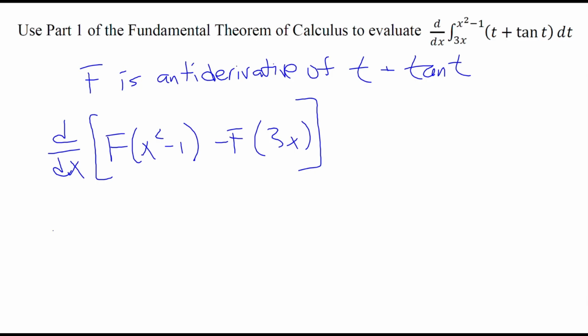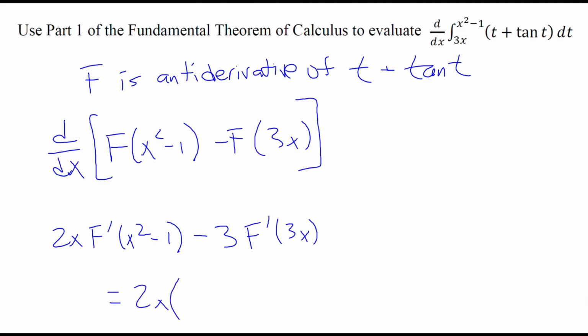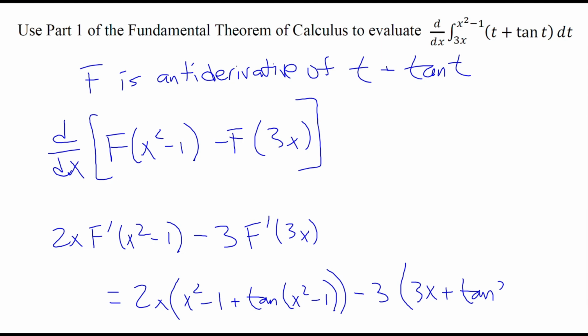We're going to have 2x, the derivative of the x squared minus 1, times capital F prime of x squared minus 1. And then minus 3, the derivative of 3x, times capital F prime of 3x, which will just end up being 2x, and then times, well, it'll be x squared minus 1 plus the tangent of x squared minus 1, and then minus 3 times 3x plus the tangent of 3x.